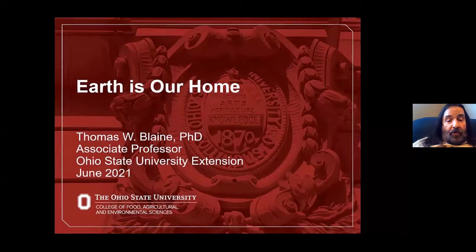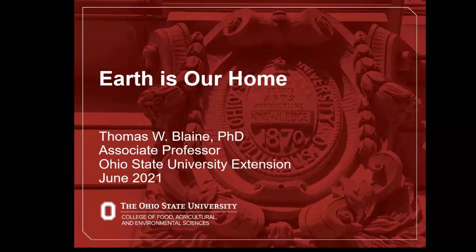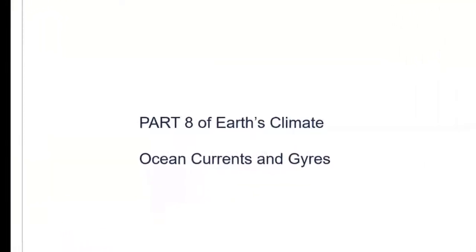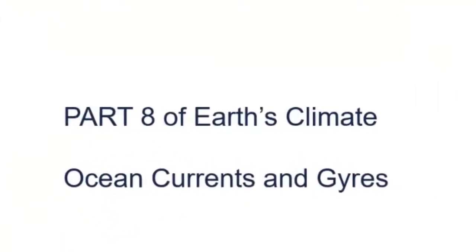As you recall, Earth is Our Home. That's the name of the overall series. Here we are in June. We began back in the spring and we're now proceeding to the summer. This is the 8th video I've done in this series, and we focused on different aspects of Earth's climate throughout these 8.